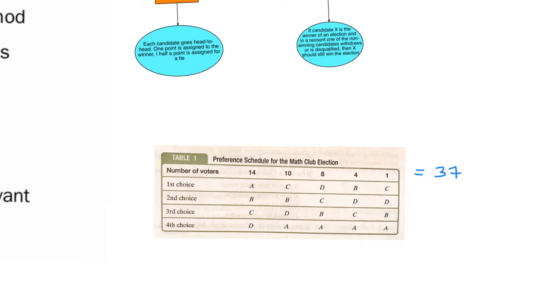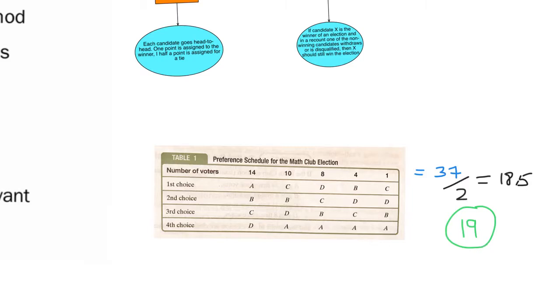So it's a good idea to get clear on what half of the votes would be. In this case, 37 divided by 2 would be 18.5. Obviously, there is no such thing as 18.5 voters, but we're looking for the candidate that has more than half the votes. So if a candidate has 19 voters voting for him or her, that candidate is the majority winner.